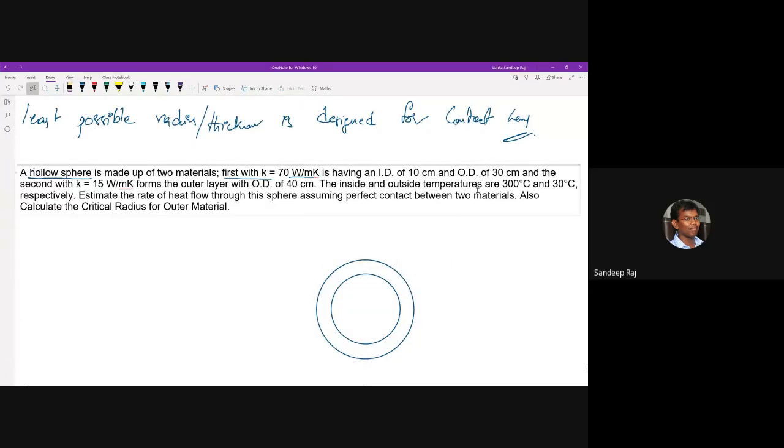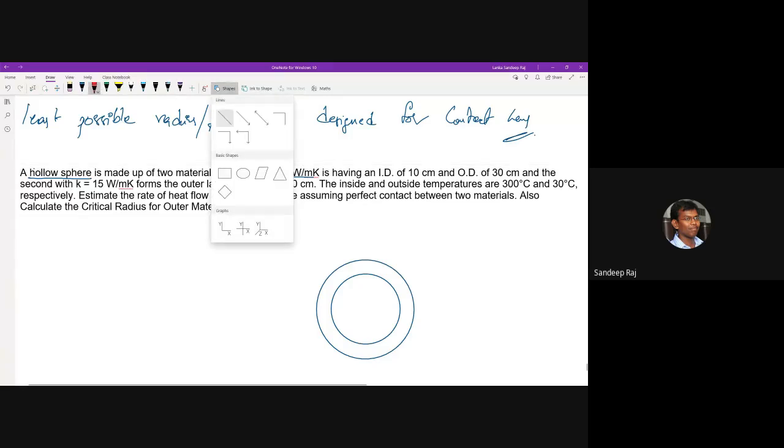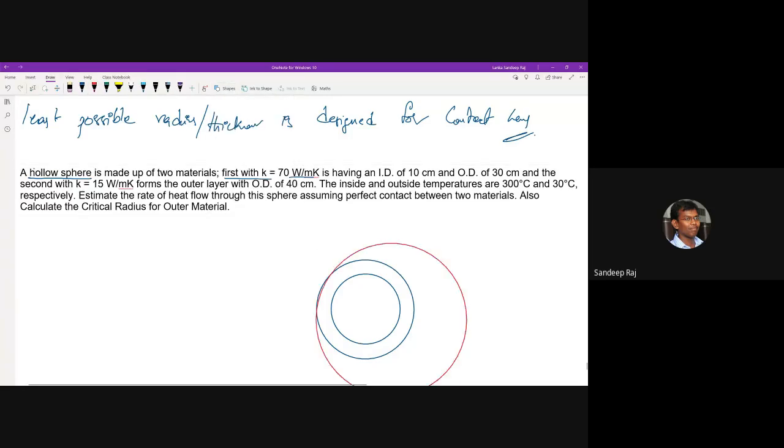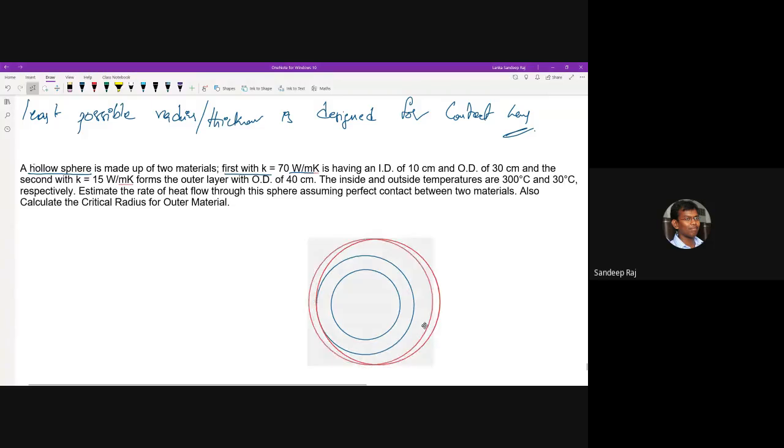And then there is the second one, so I will draw the second one also. That's the second one, and the first one you can see.